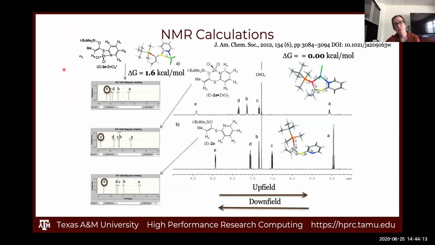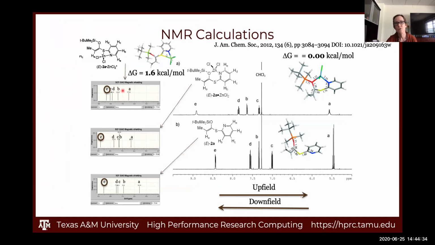NMR calculations can be very useful for determining what molecule you actually have in your system if you don't have a crystal structure and you're unsure of its actual configuration. So if you have some NMR and some other experimental data, you can resolve what you actually have in solution.